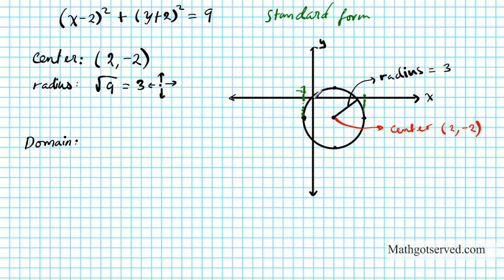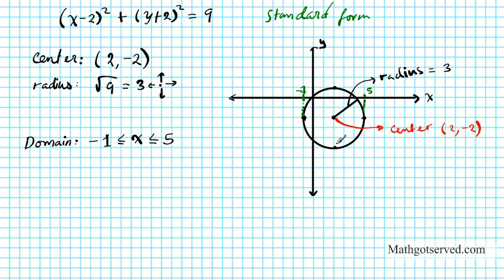That's starting from 0, 1, 2, 3, 4, 5. So it goes from negative 1 to 5. So let's write out an inequality. So the domain is negative 1 is less than or equal to x, and x is less than or equal to 5. Okay, so remember, your domain is a horizontal span.